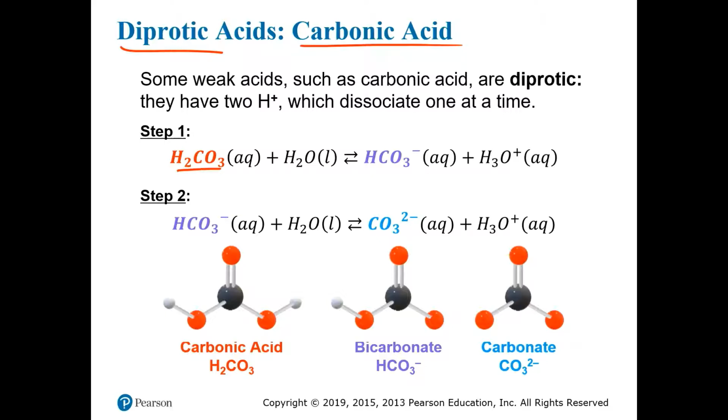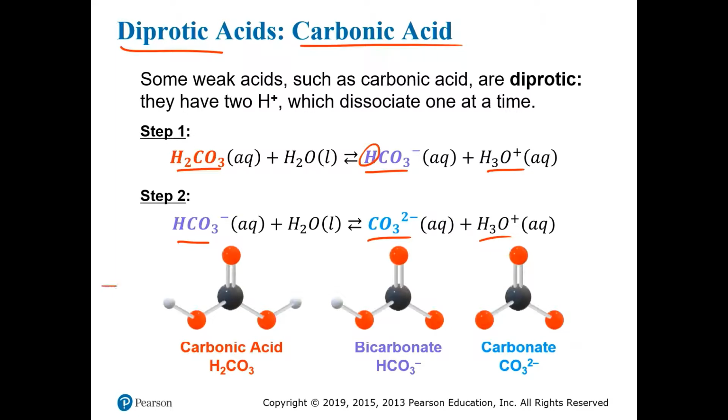The first can separate in an equilibrium reaction where it yields HCO3- and hydronium, H3O+. And then the HCO3- still has a hydrogen in it, and so it itself can undergo another dissociation where it becomes carbonate, CO3 2-, and produces a little bit more hydronium.